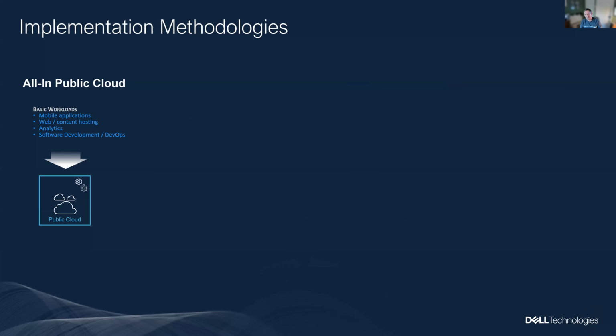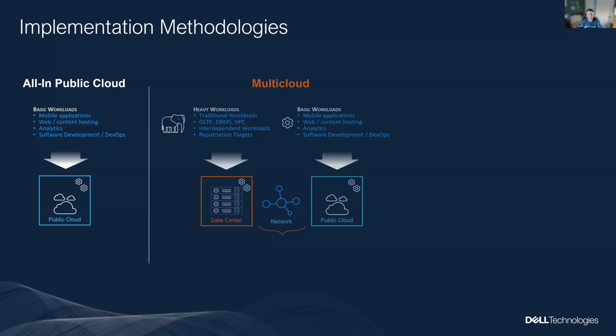Now, in terms of multi-cloud, there are really 3 ways that we can operate in a multi-cloud environment. The first is all in public cloud, and just as in Chris's example, it can be a challenge, and often you will find it doesn't work. Then where I find many organizations operating is with multi-cloud. You've got state 1 on the left side, state 2, and network connectivity between your data center and the hyperscaler.